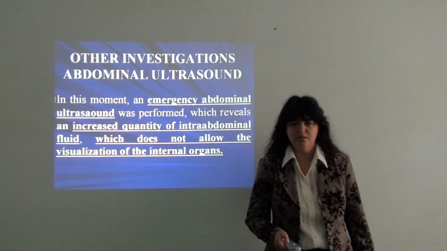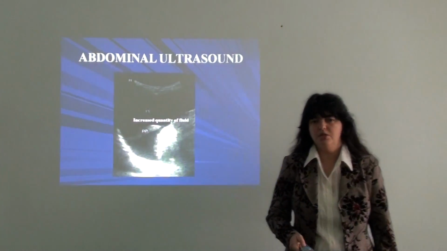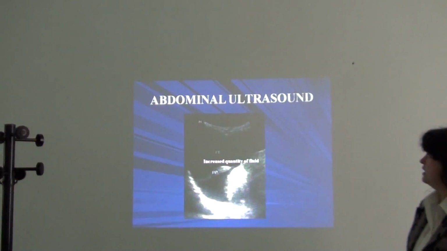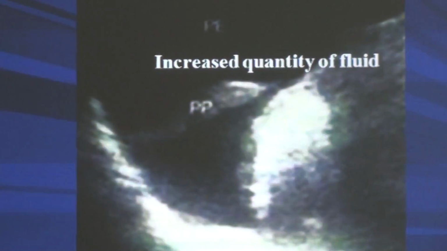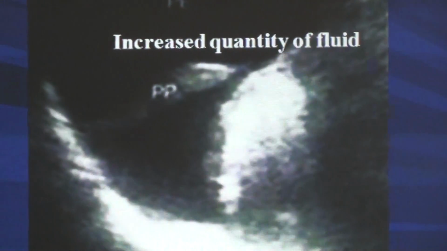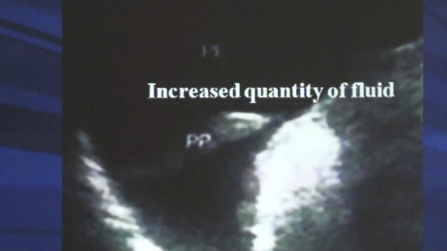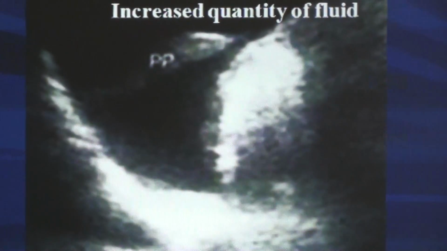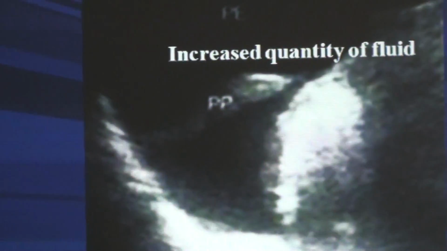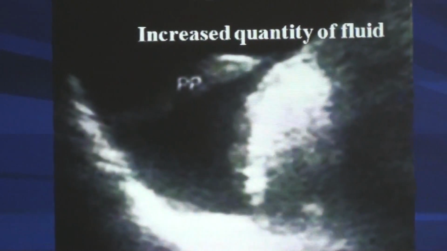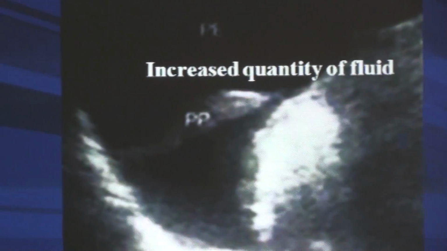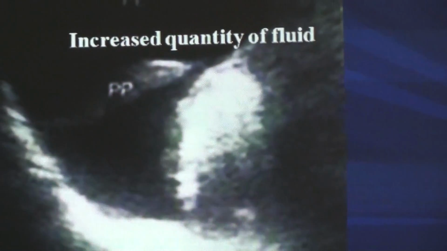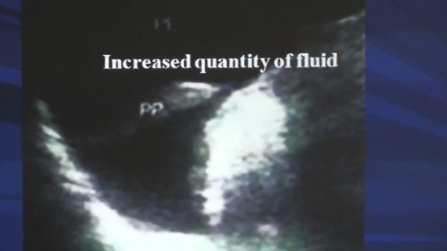In the next slide, follow the image of the abdominal ultrasound echo, and in this image we see very well that there is a very increased quantity of fluid in the intra-abdominal cavity, and this fluid covers all internal organs and doesn't permit their visualization.